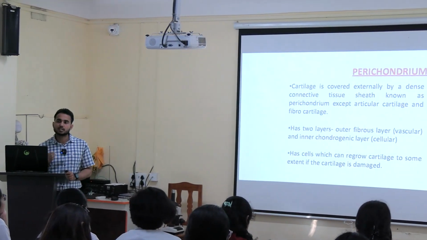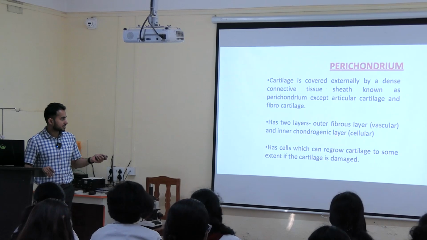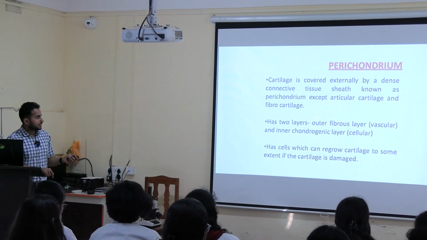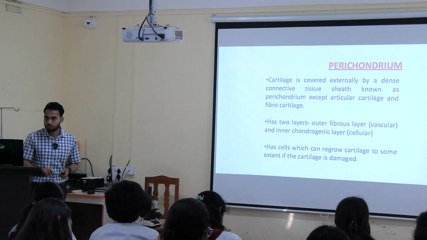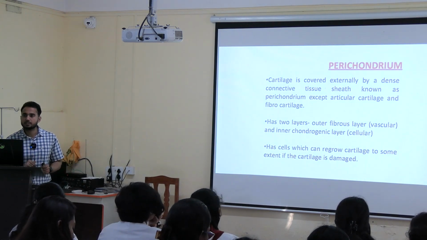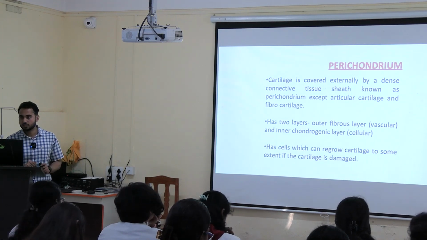Mostly the fibroblasts, immature cells, are present in this layer. This layer regrows the cartilage to some extent if there is any damage. So if there is any damage, some amount of repairing can be done with the help of the chondrogenic layer present in the perichondrium.